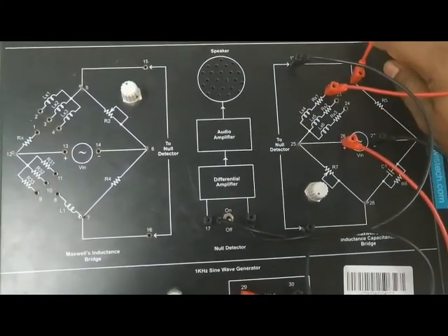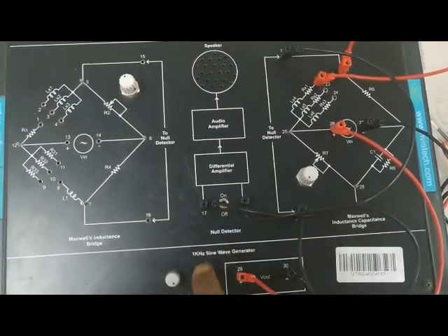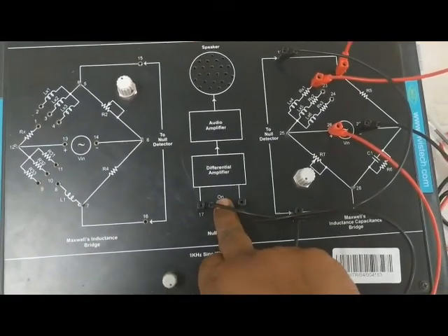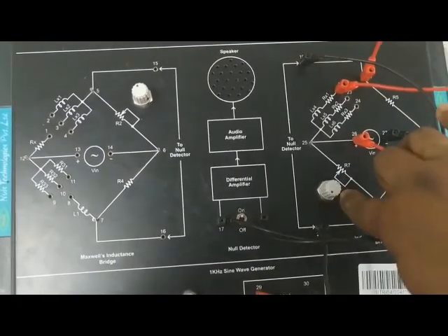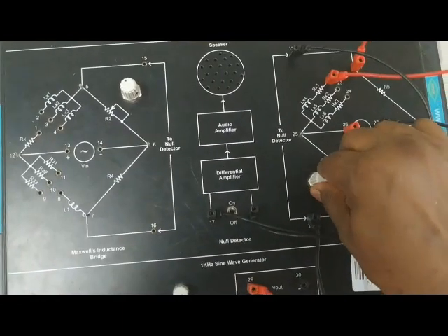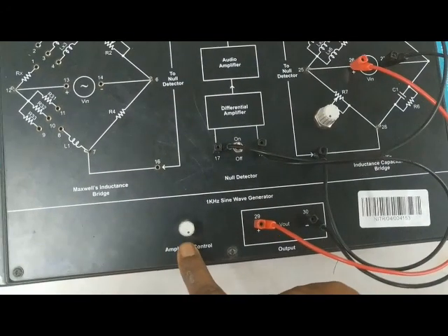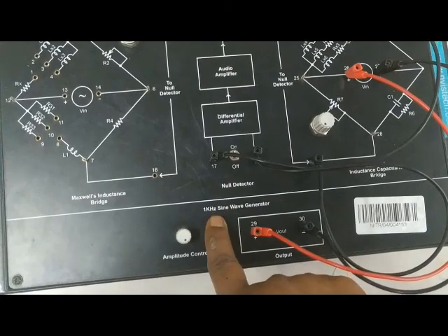So first switch on the power supply, switch on null detector power supply, and this potentiometer R7 must be in fully anti-clockwise direction, and this amplitude control in maximum position, means 1 kilohertz.